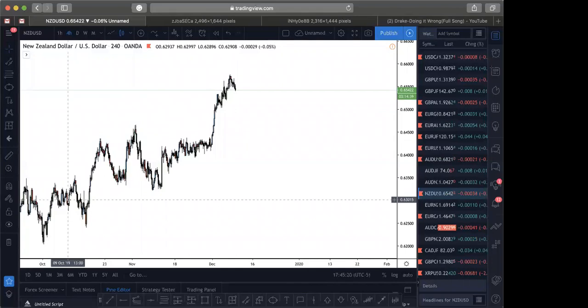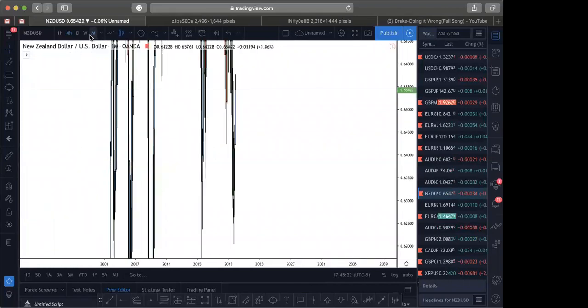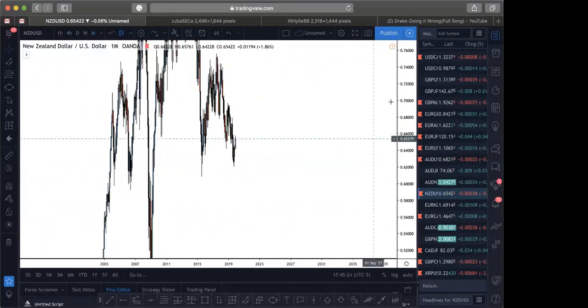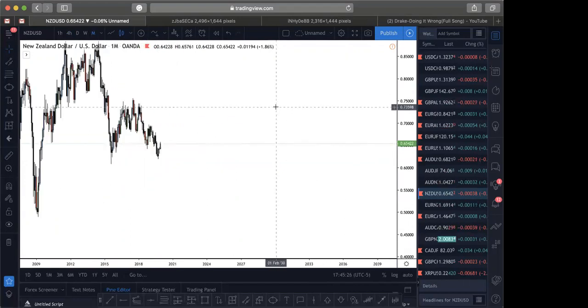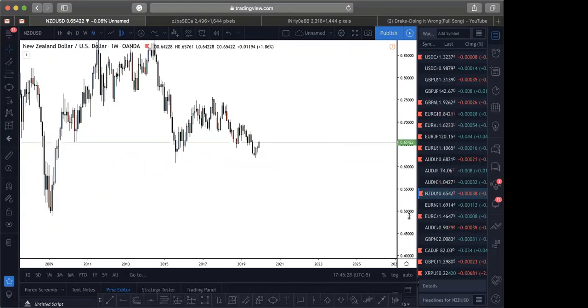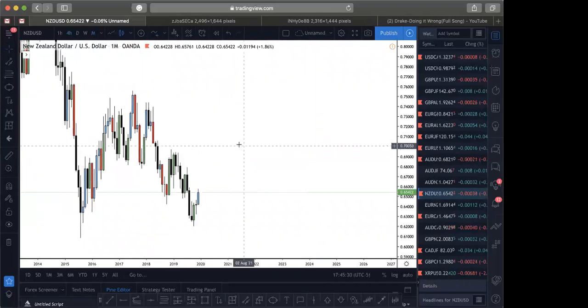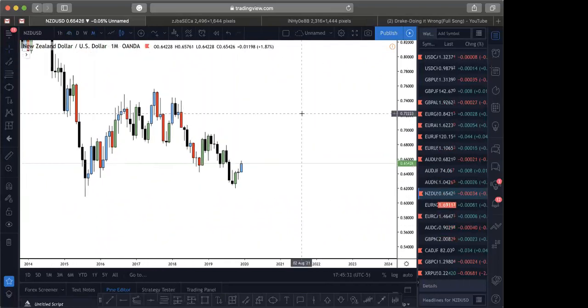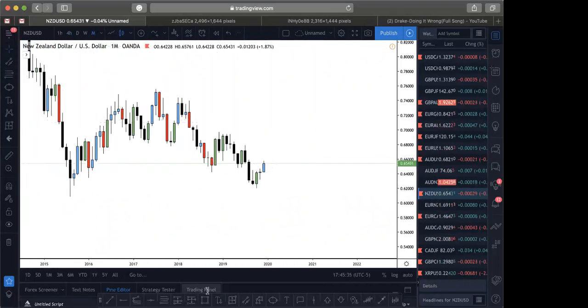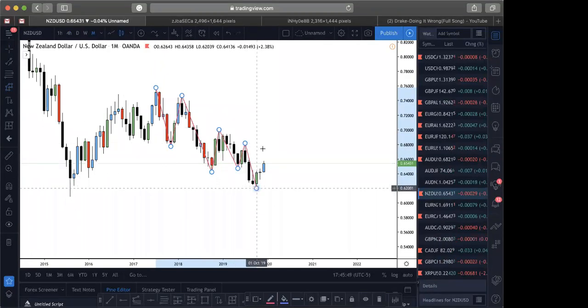So if we hop on the monthly chart, just using simple market structure on some of the most recent price action, what can we see the market doing on a monthly? The market is trending down, right? Lower high, lower low, lower high, lower low, lower high, lower low, right?